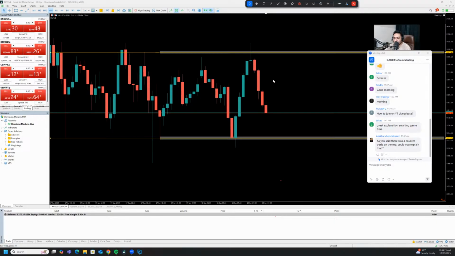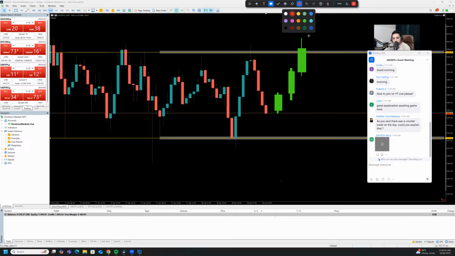Okay, I have a very important question. If we have to take a counter trade, I already answered that question. How can you go with the counter trade setup? A counter trade setup is something like this. Let me show you. Suppose you are in a bullish trend, and the market is continuously printing bullish candles.